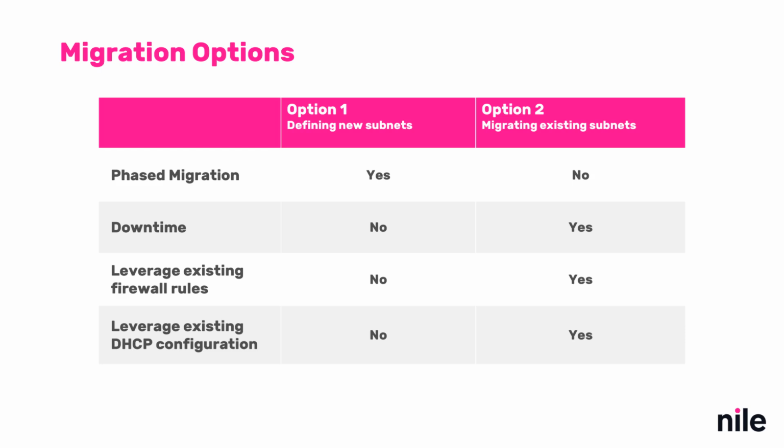The second option is to migrate existing subnets, which allows you to retain your current IP schema, routing configurations, and firewall policies. This option minimizes changes to your network edge, making deployment faster and simpler if your current setup is stable. Choose the approach that best fits your migration strategy, infrastructure goals, and risk profile.